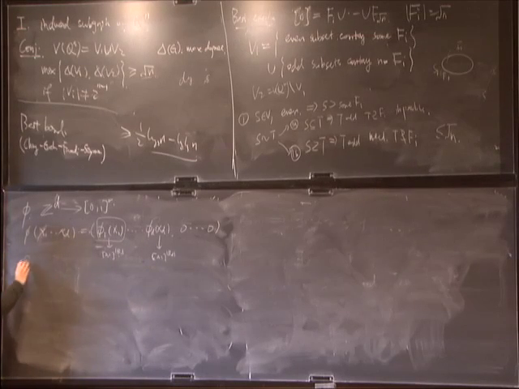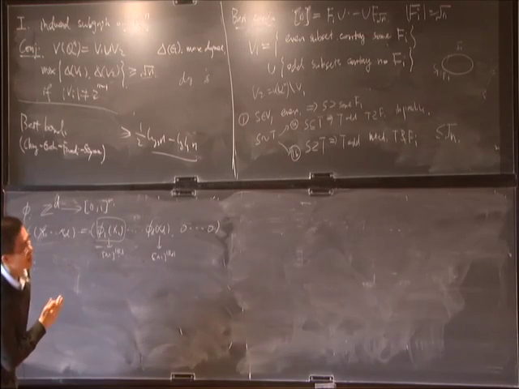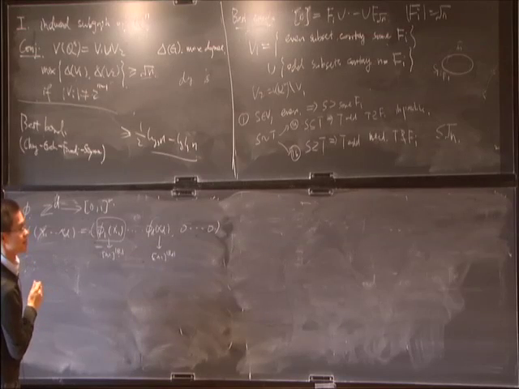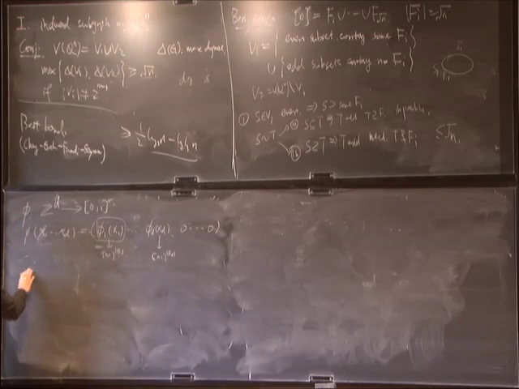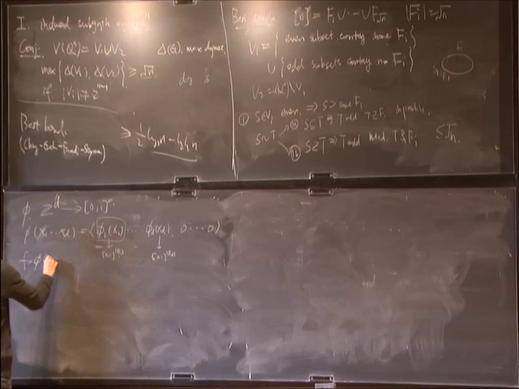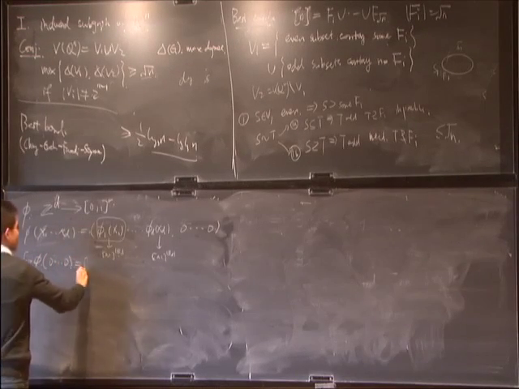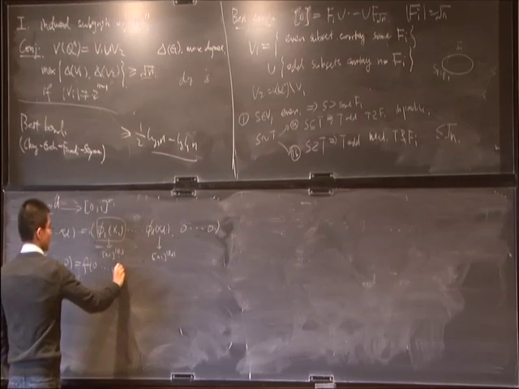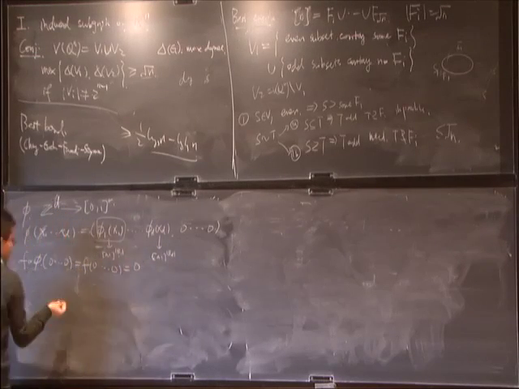Then if you compose the Boolean function f with phi, if you have everything equal to 0, it's just equal to f(0), which is 0.